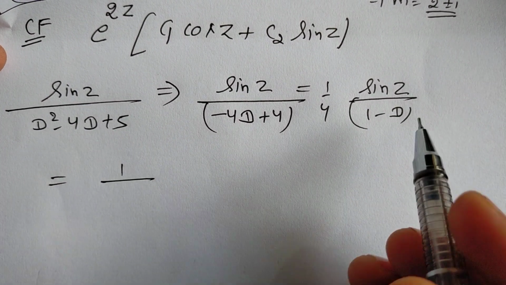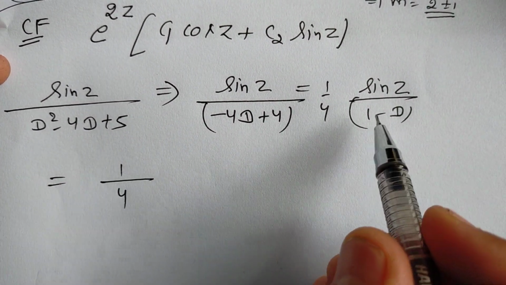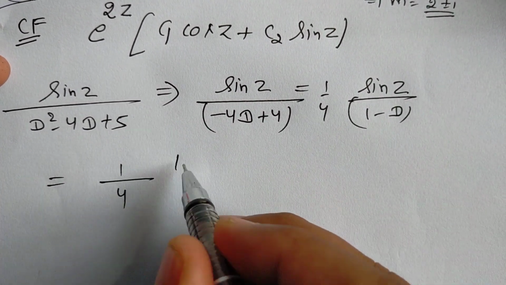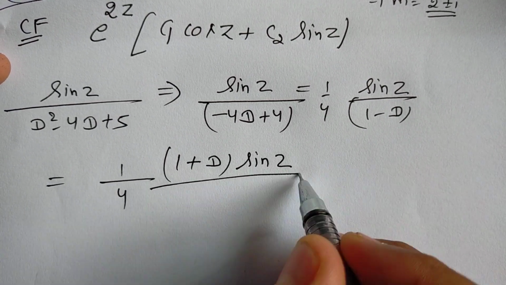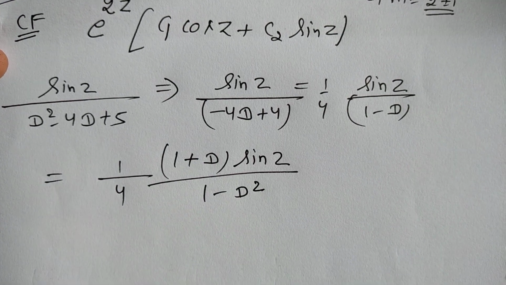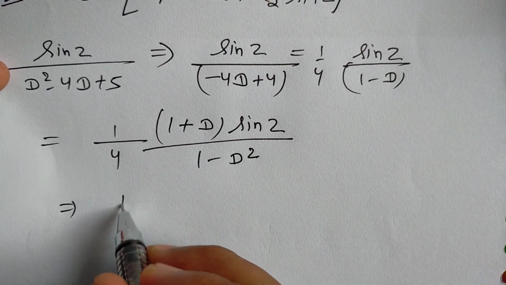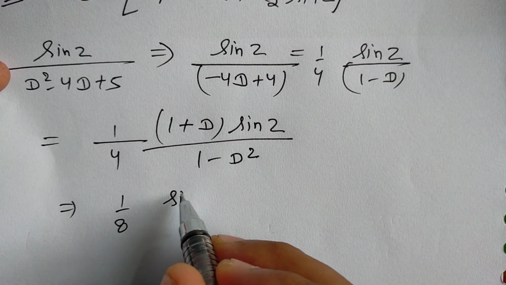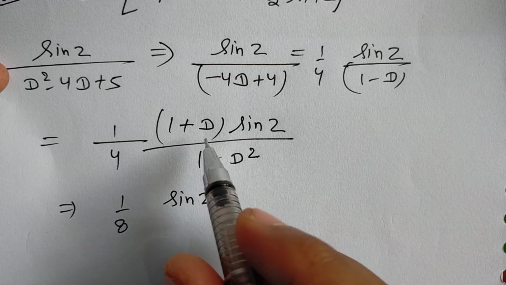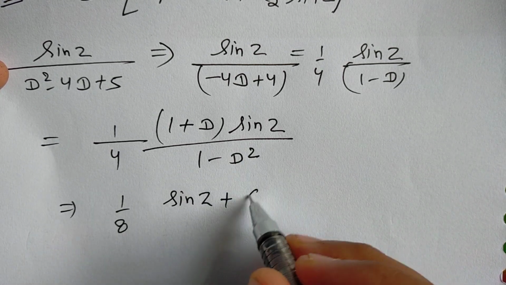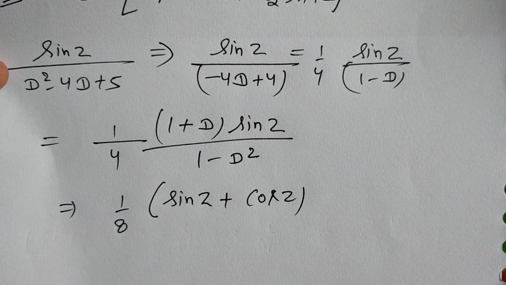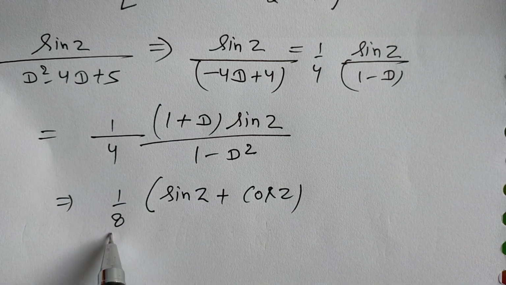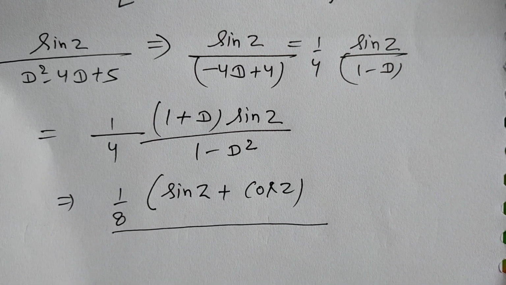Again we can multiply with 1 plus D and divide with 1 plus D. So we get 1 plus D sin z by 1 minus D square. Again D square replaced by minus 1. So we get 1 by 8 and sin z plus derivative of sin z will be cos z. So this is your particular integral using the inverse method.